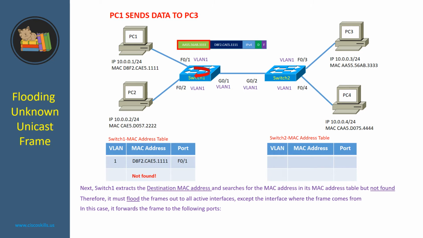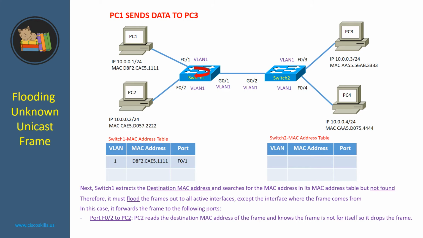In this case, it forwards the frame out to the following ports: port F02 toward PC2. PC2 reads the destination MAC address of the frame and knows the frame is not for itself, so it drops the frame. And then it also forwards the frame out to the port G01 toward port G02 on switch 2.